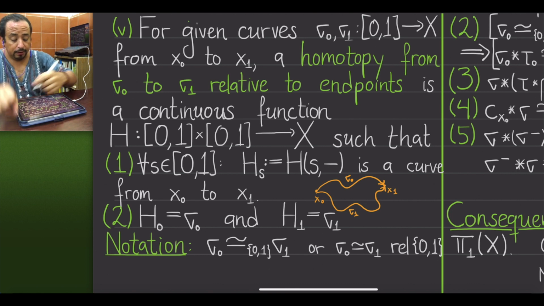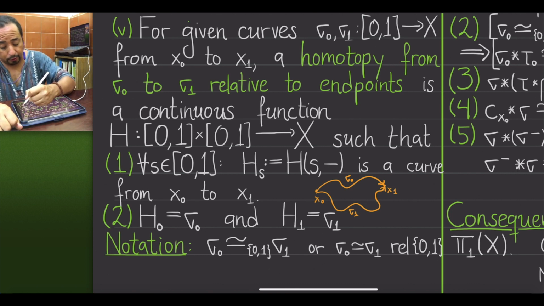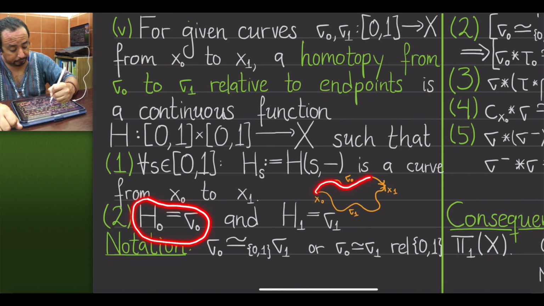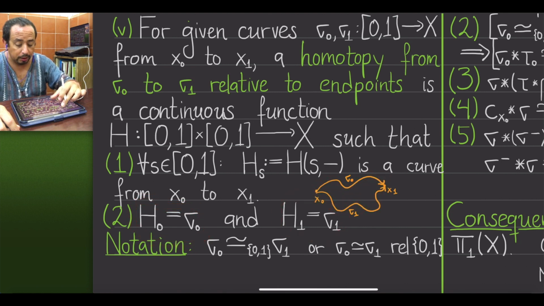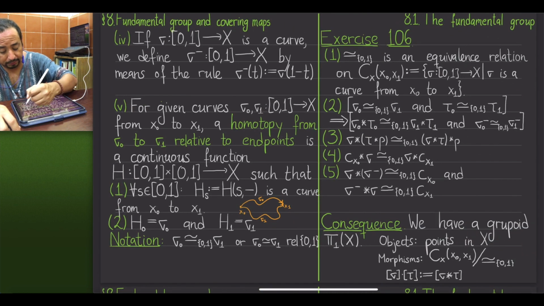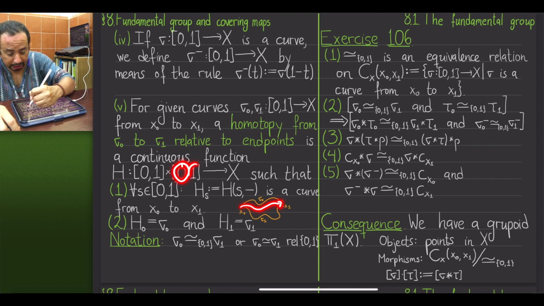And second, of course, the first curve, the starting curve of the deformation is sigma naught, and the last curve in the deformation is sigma 1. So notice that in condition 1, I'm already asking that each curve sends 0 to x0 and 1 to x1.